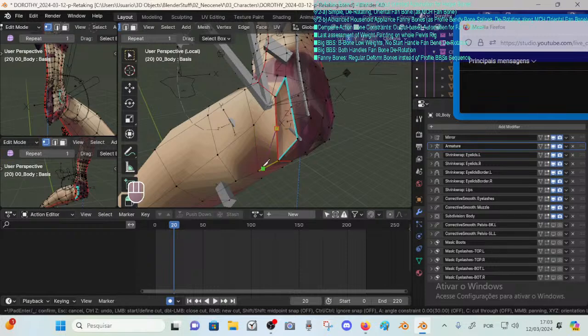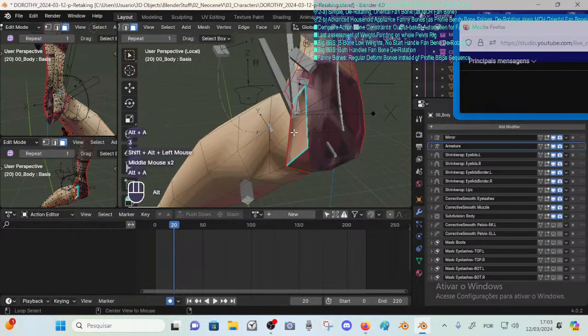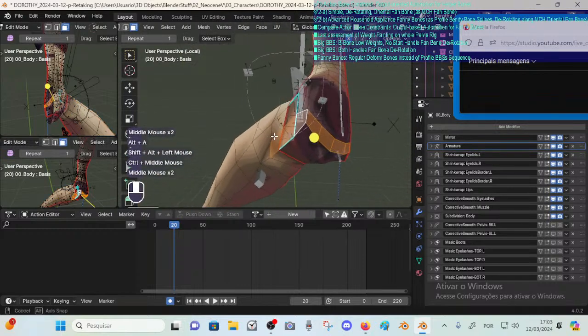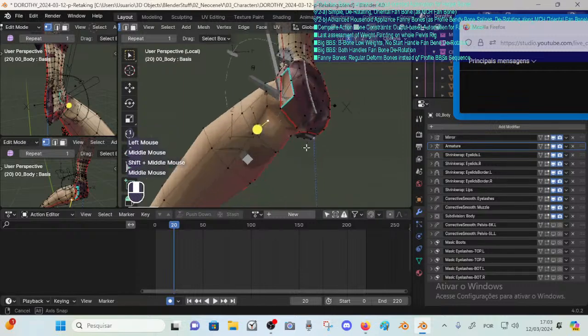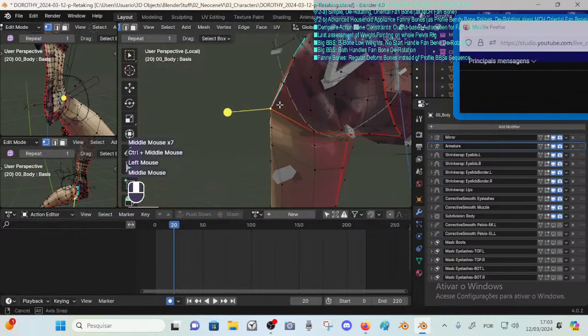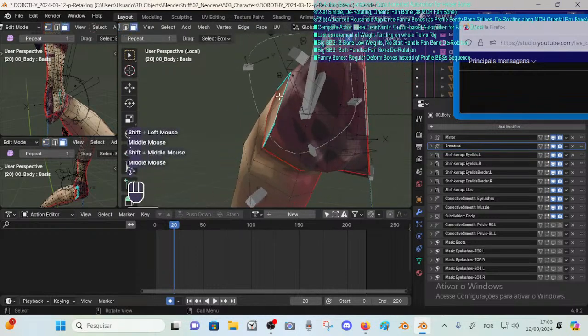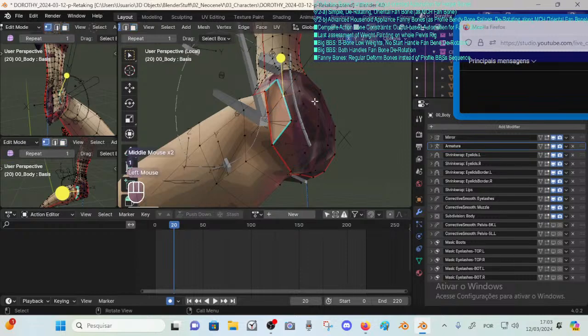The mesh will die off in a trigon. That shouldn't affect the stuff too much. Yeah, it shouldn't affect too much. And then we can round this.